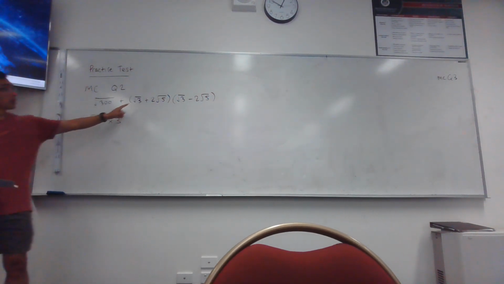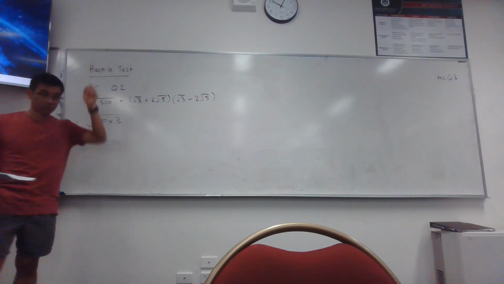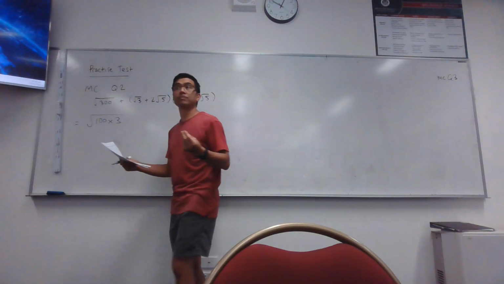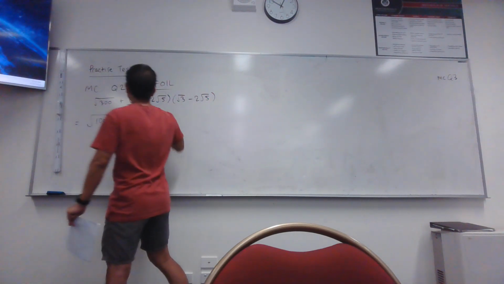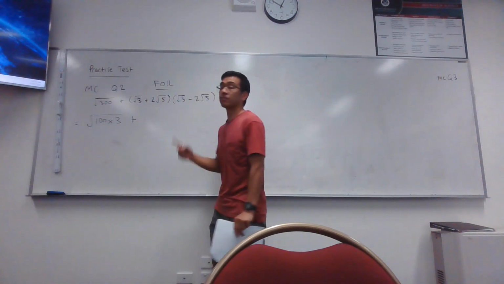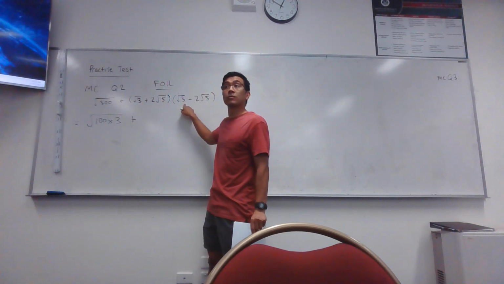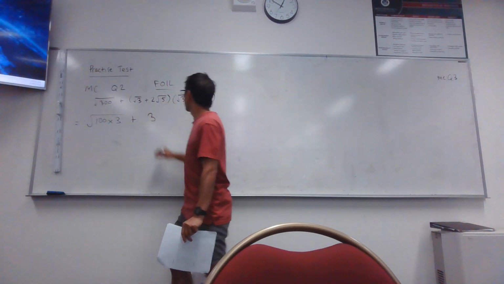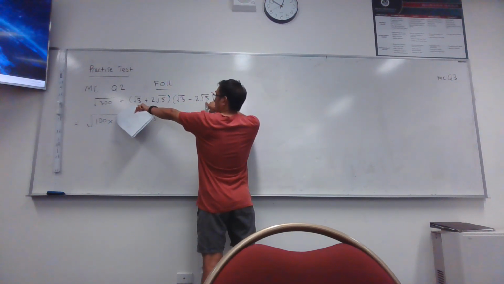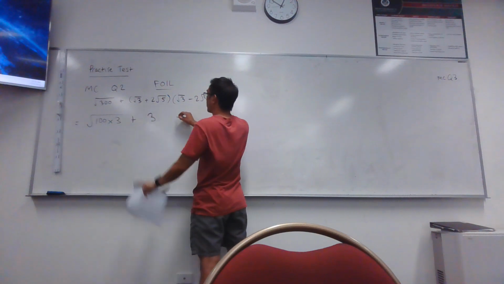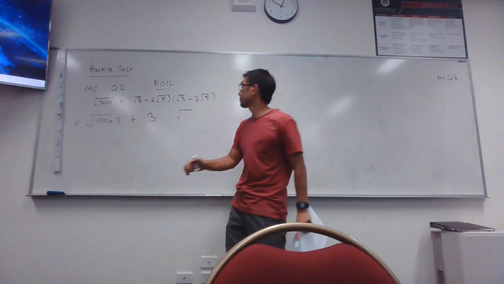Over here, we have 2 sets of brackets. What's the acronym? FOIL. Root 3 times root 3 is 3. Outside, root 3 times root 5, with the numbers inside the roots, we just multiply.